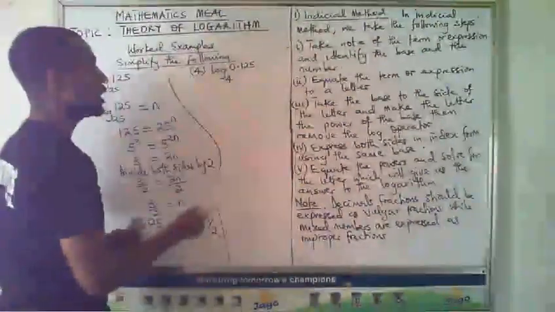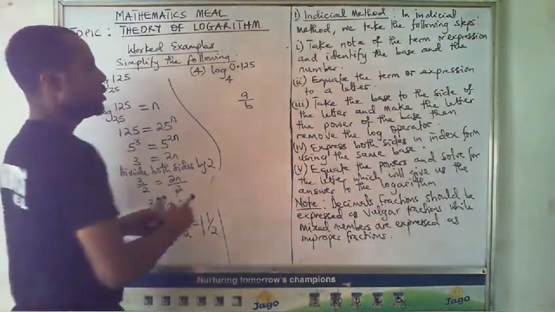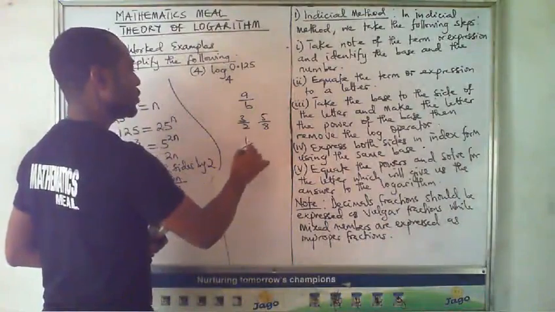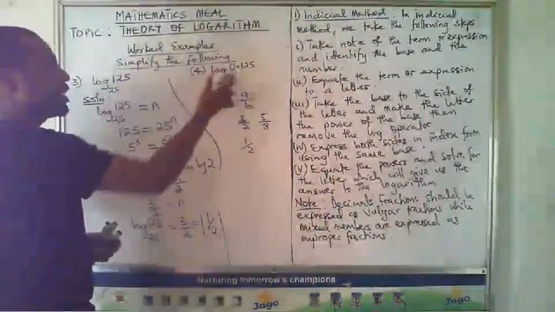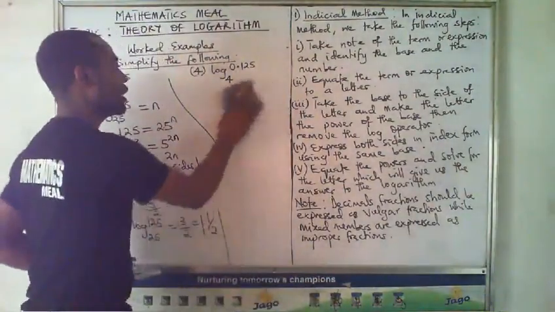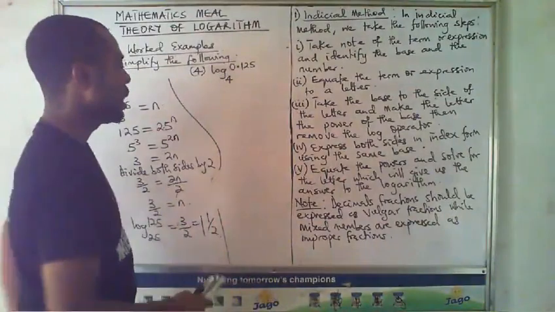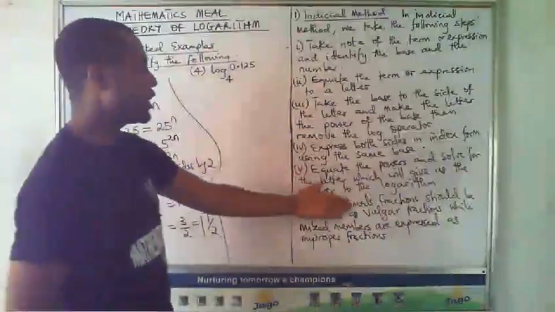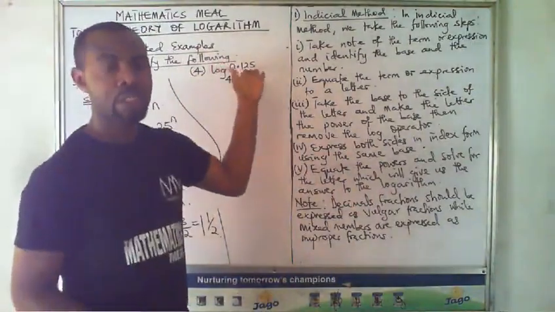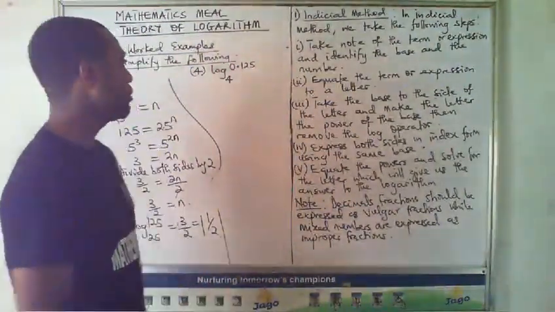Vulgar fractions are those fractions we write in numerator denominator form, like 3 over 2, 5 over 8, 1 over 2. These are vulgar fractions. These ones are decimal fractions. So when we have decimal fractions in theory of logarithm, we need to express the decimal fraction as what? Vulgar fraction. Very important.